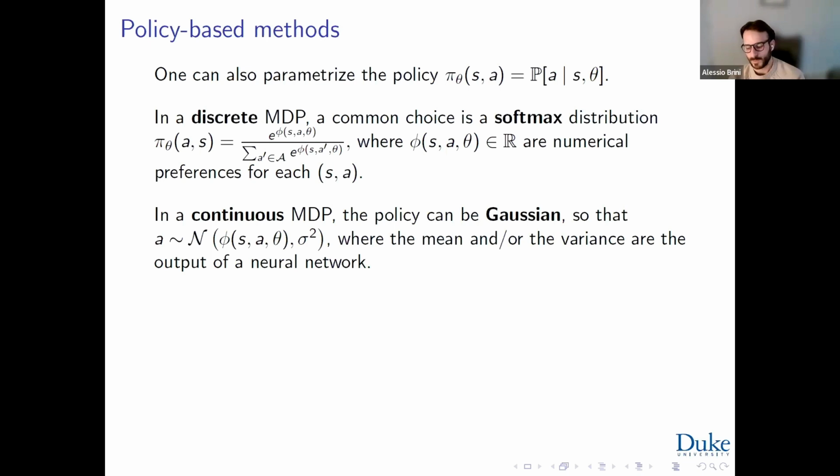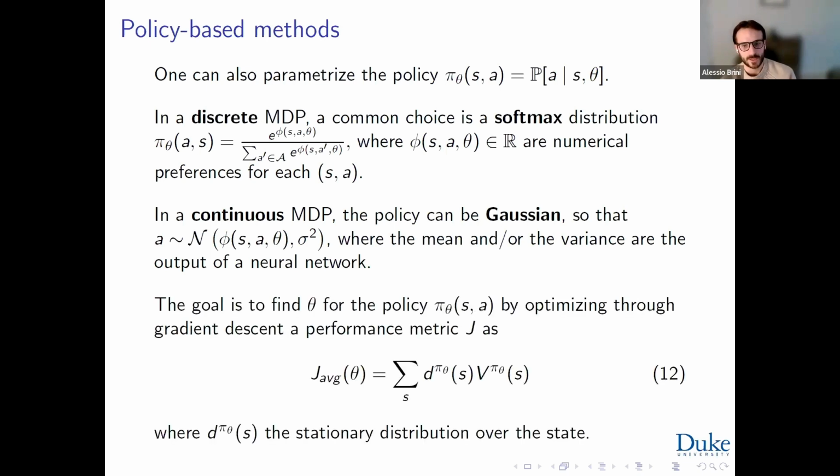And this has proven to be quite effective, because there is a very popular algorithm called PPO, proximal policy optimization, which is still nowadays, I would say, probably the state of the art for continuous control in reinforcement learning.